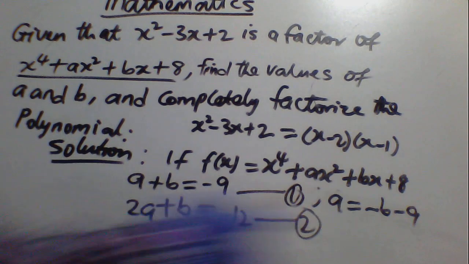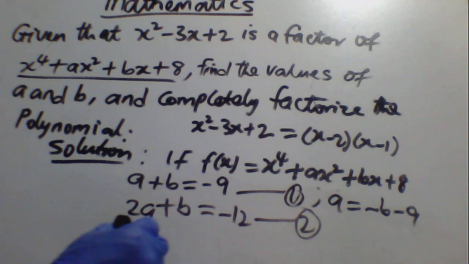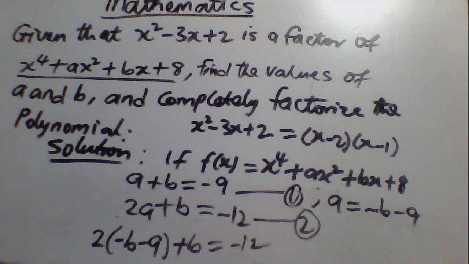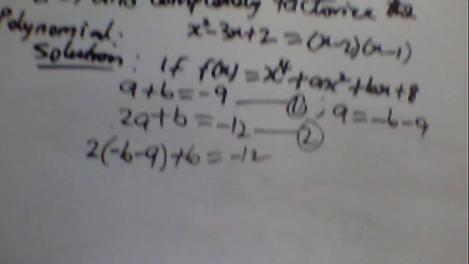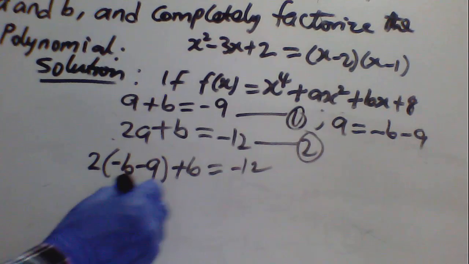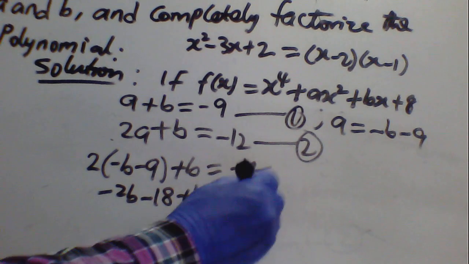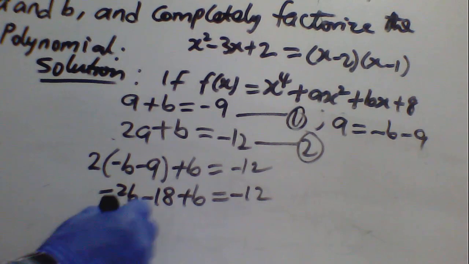Put it in equation 2. Wherever you see a, you put this value. So here we have 2 in bracket minus b minus 9, plus b equals minus 12. By opening the bracket, 2 multiplies everything in the bracket to have minus 2b minus 18 plus b equals minus 12. So minus 2b plus b will give us minus b.